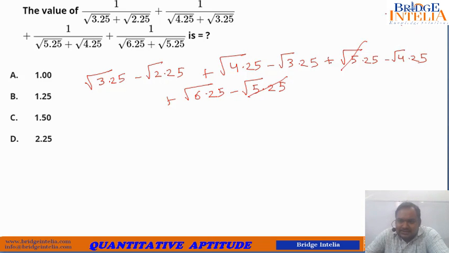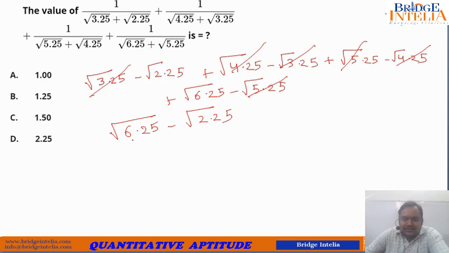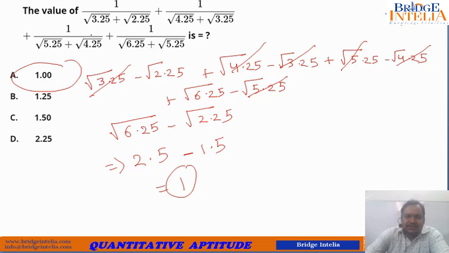This cancels this one out, this cancels this one out, and this cancels this one out. So basically the answer is root 6.25 minus root 2.25. So this is 2.5 minus 1.5. So the answer is actually equal to 1. So this is the correct answer.